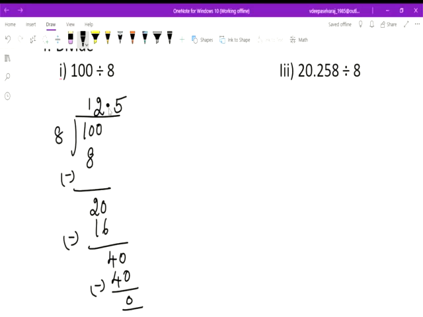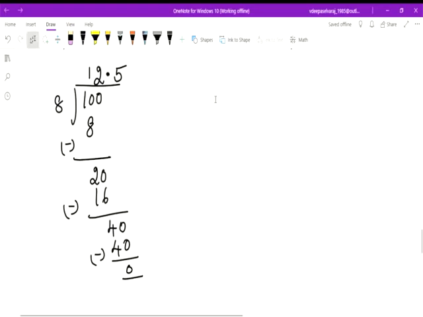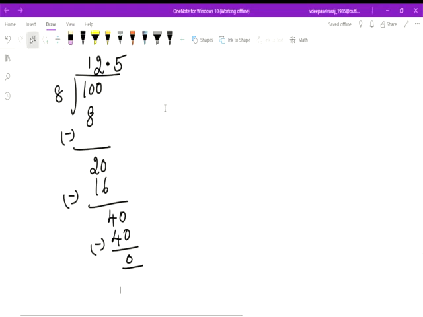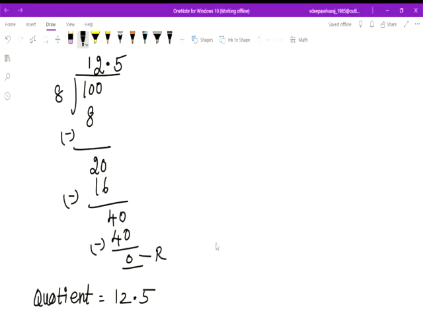Just keep the decimal and add a 0. Now it becomes 40. How many times does it occur? 5 times. 5 eights are 40. Now the remainder is 0. So what is the quotient, children? 12.5. So the quotient equals 12.5. Remainder equals 0.